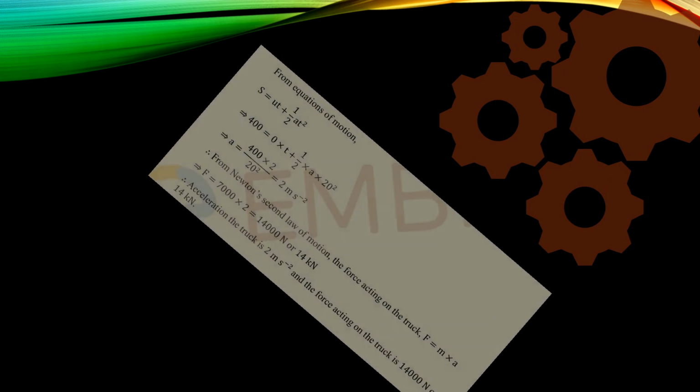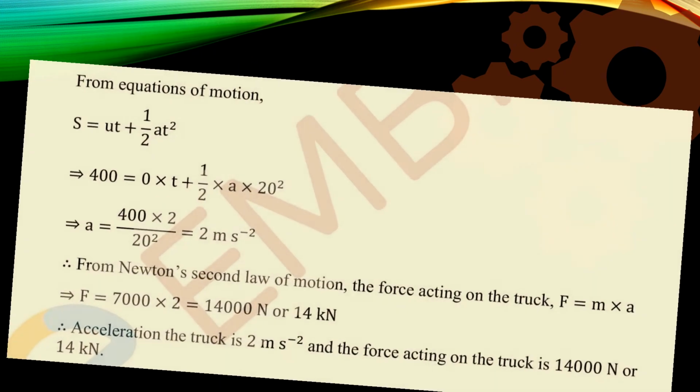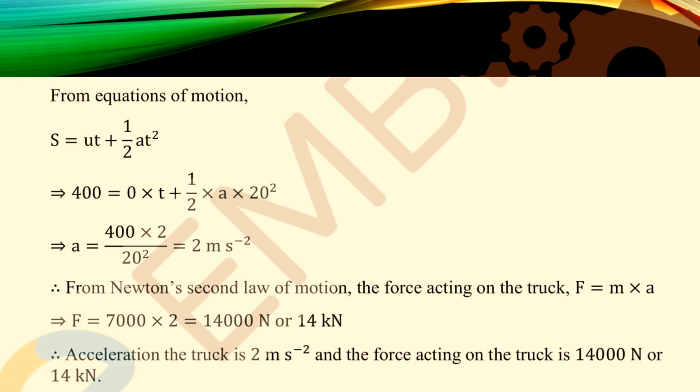Children, now we have to find the acceleration of the truck. For finding acceleration, we can use the equation S equals ut plus half at square. The other two equations of motion we cannot use because we don't have the value of v. Then by substituting the values correctly, we will get the acceleration equals 2 meter per second square.